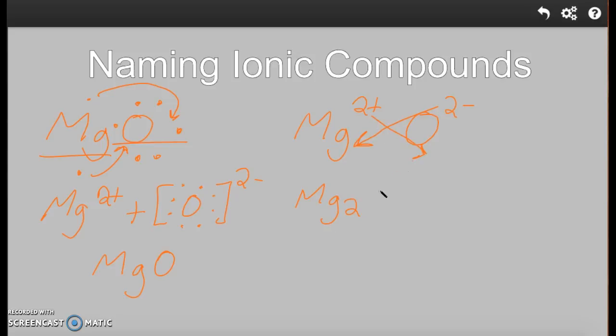Then you drop that one down, you end up with O2. Now this isn't in its simplest terms, so reduce, that comes from math. You end up with Mg, 1 and 1. They're exactly the same. So you can either do it with the dots or the fast way like this.